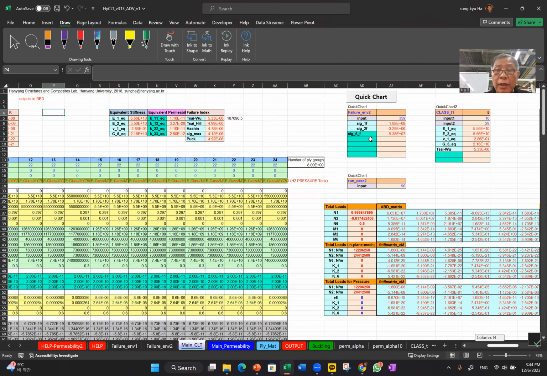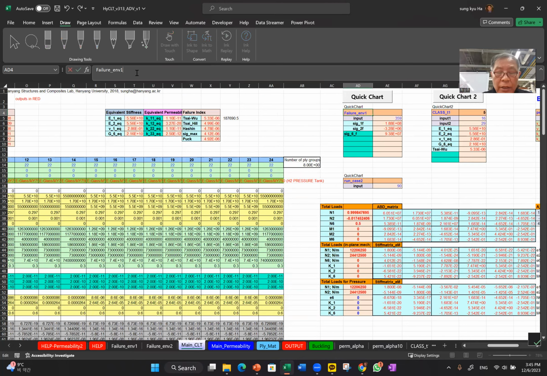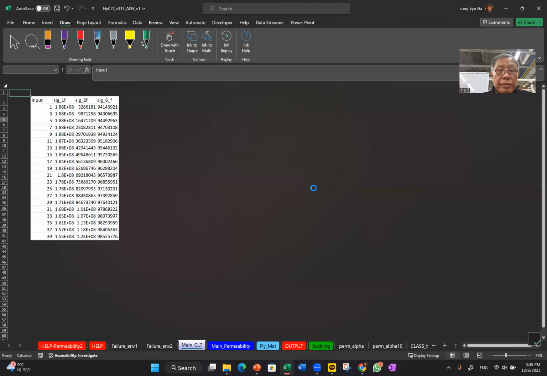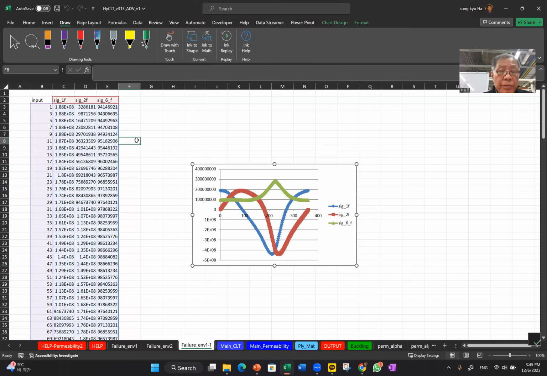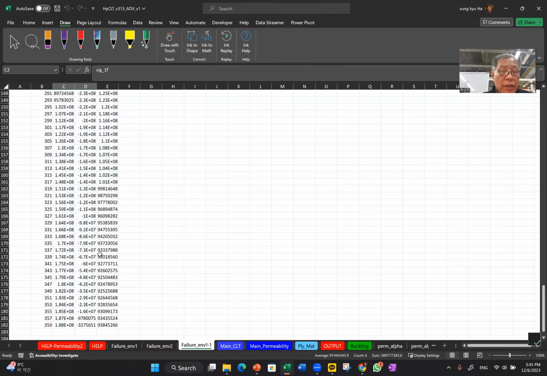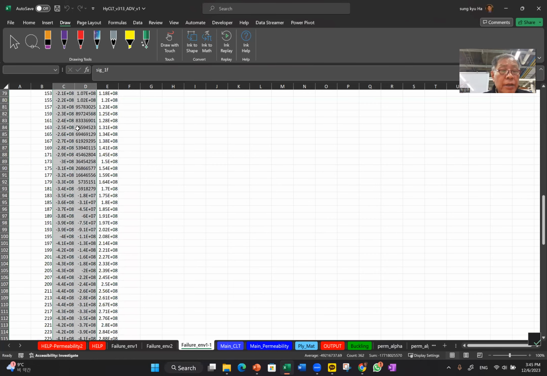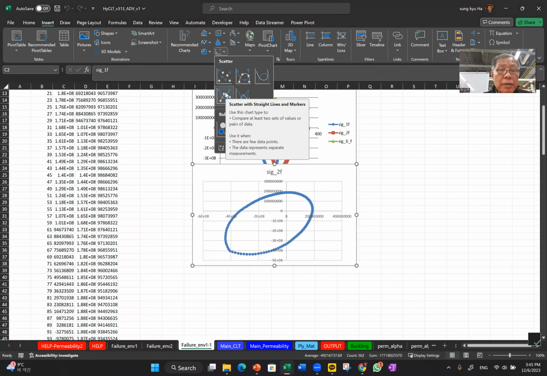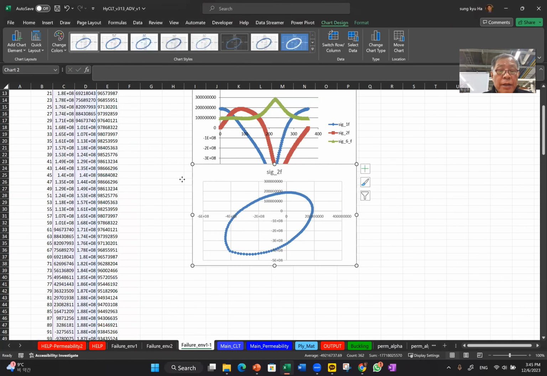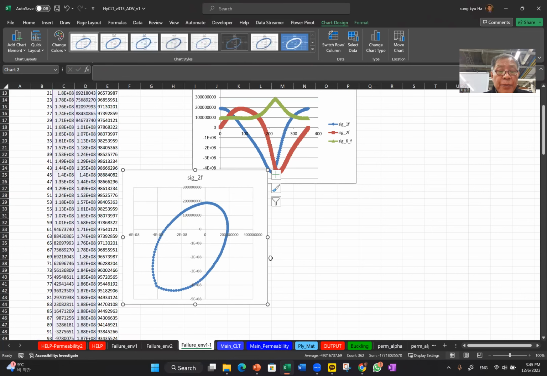So we can say this is the 1-1. So now, of course, sigma 6 is a non-zero value, and we can simply plot here like that, and then we can plot this one and compare with this failure envelope 1.